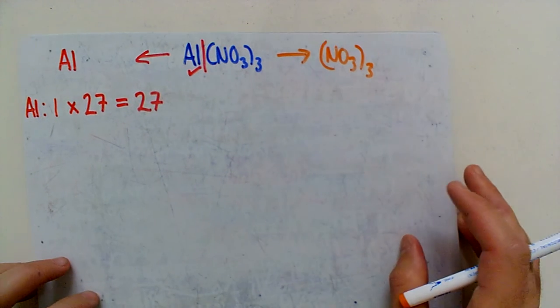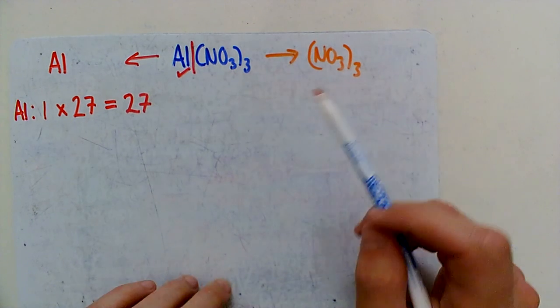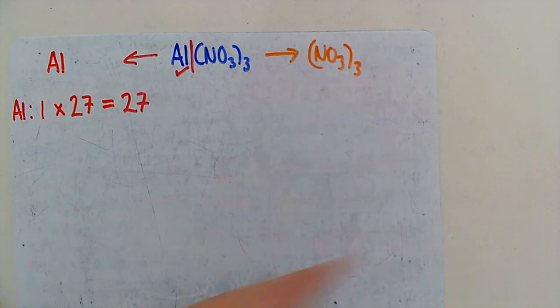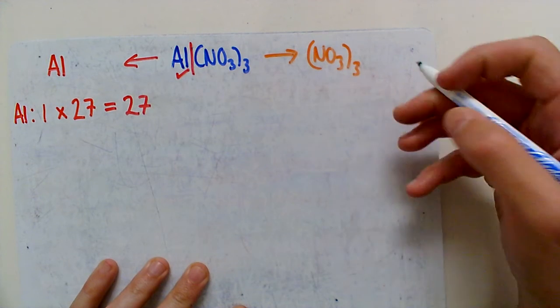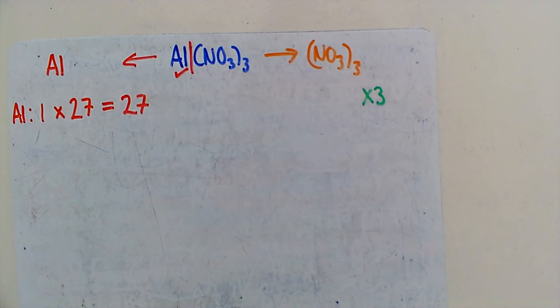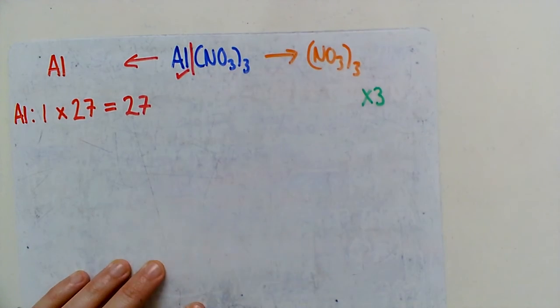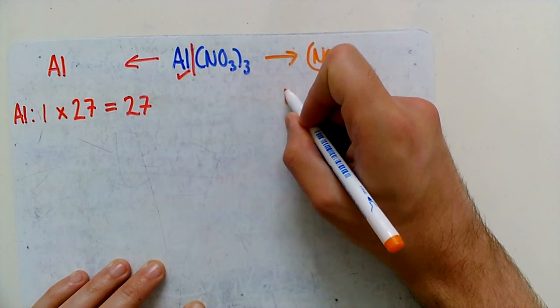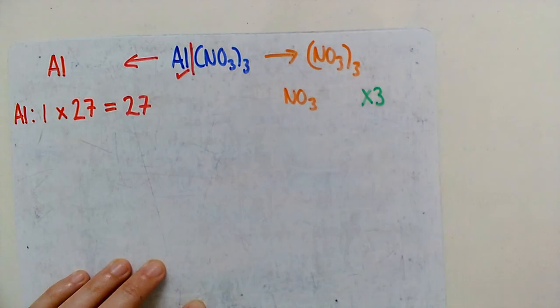Now, on this side, we're going to get rid of the bracket, but we've got a 3 here. So all we're going to do is write times 3 there, and now we're just going to look at what's inside the bracket, which is NO3. Now NO3, we know how to deal with that.